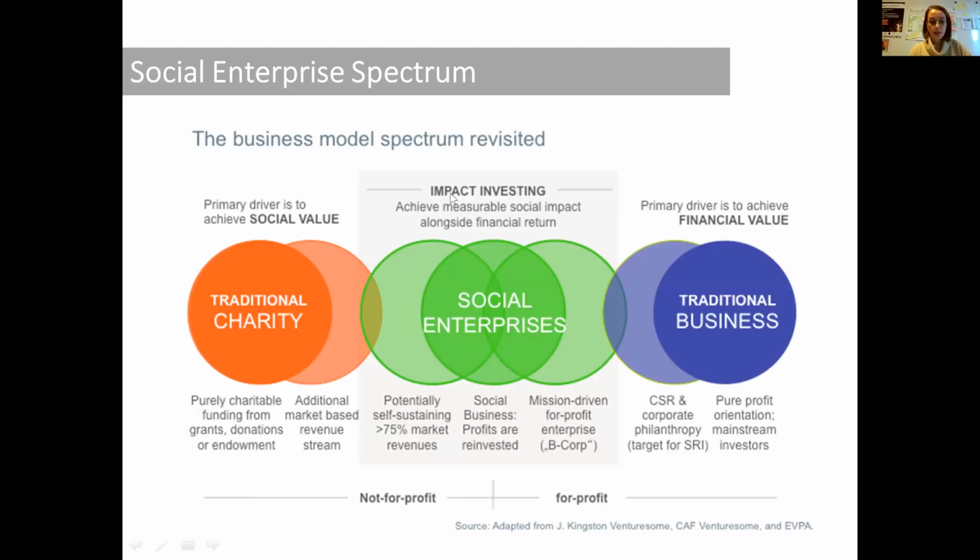Just to quickly remind where social enterprises take place among all other kinds of organizations, I found a very useful model, as you see. It represents where in one end traditional charity organizations take place, which are pure non-profit organizations, and the traditional business organizations take place in another end, which are pure for-profit organizations.